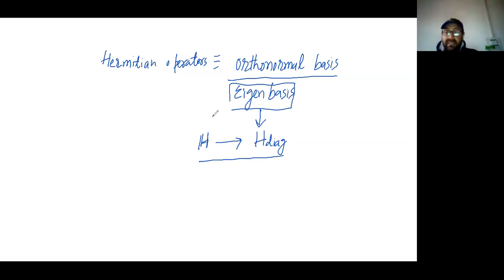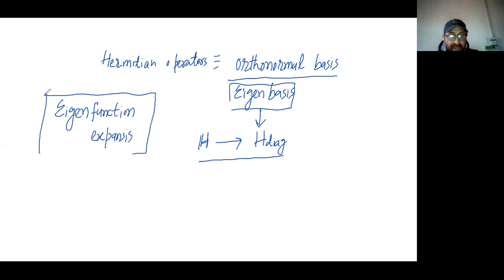So that's why I was saying this is very important: when we do something called spectral decomposition, we always use eigenfunction expansion. Fourier series is one of the examples of eigenfunction expansion. What other examples do we have?